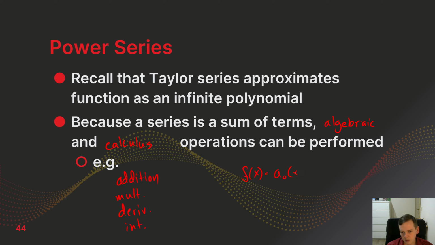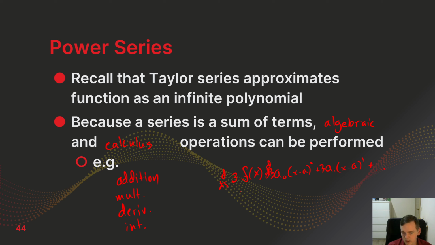So in other words, if I have something like f of x is equal to a0 (x minus a)^0 plus a1 (x minus a)^1, etc., then if I multiply, say, the function on the left by 3, I can also multiply each of these terms by 3. If I take the derivative of the function on the left, I can also take the derivative of each of these.